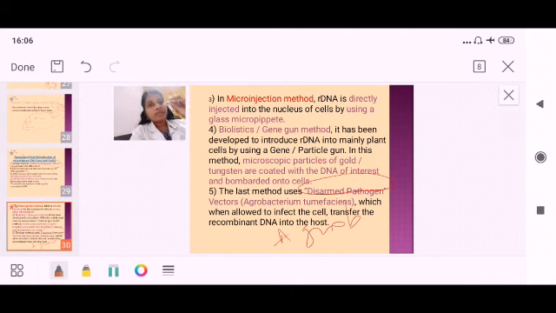When they infect the dicot plants, they are introducing the recombinant DNA into the plant cells. Like that, the bacterium itself is used for transmitting this rDNA into host cells like plants, and in the case of retroviruses, they are used to introduce it into animals.